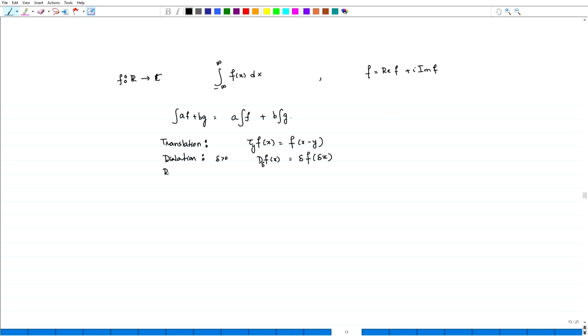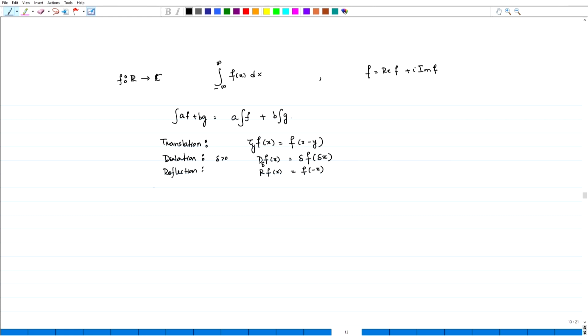And then reflection: R f at x is equal to f(−x). Okay, so how does this integral behave with these?